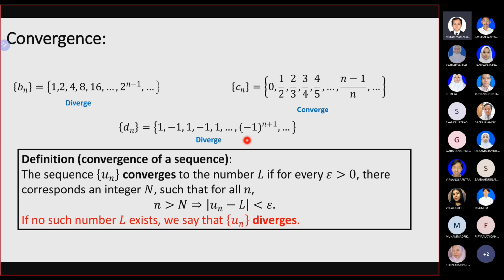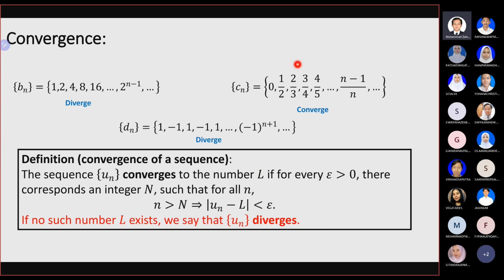So basically, what is the definition of the convergence of a sequence? The sequence converges to a number L if we can find such a number L. If we cannot find a certain number L, we say that the sequence diverges.